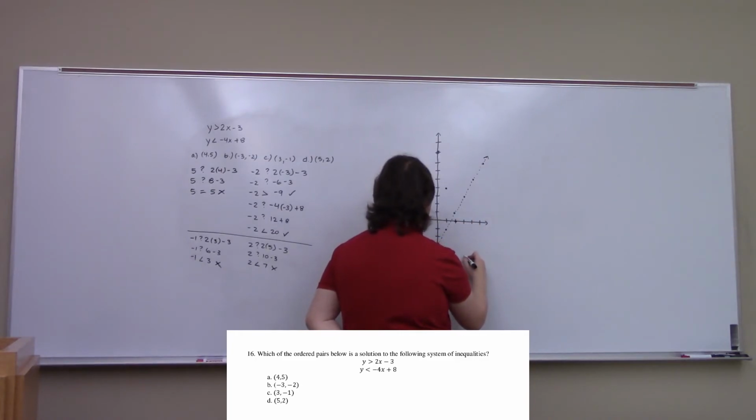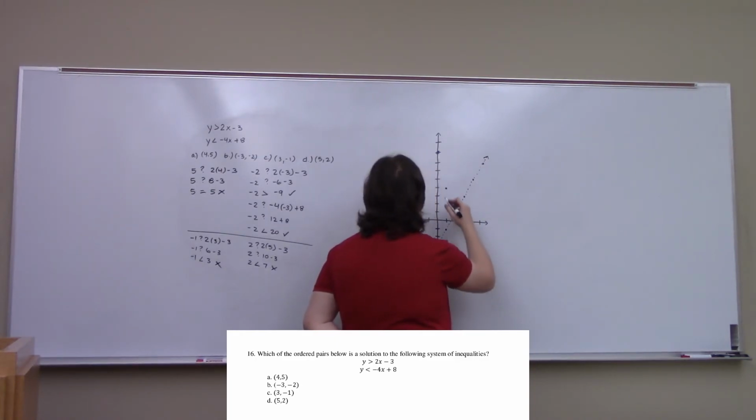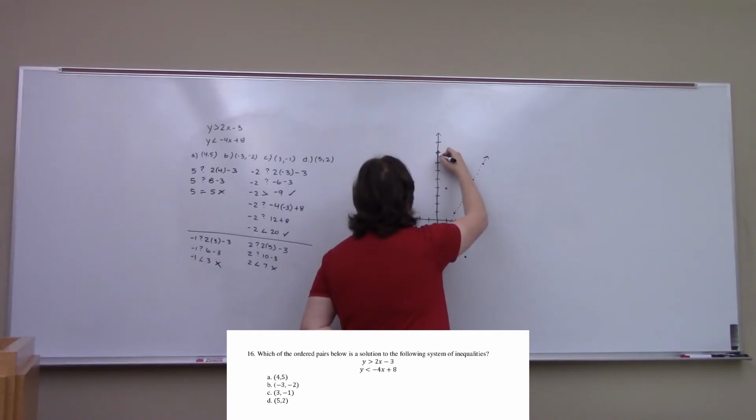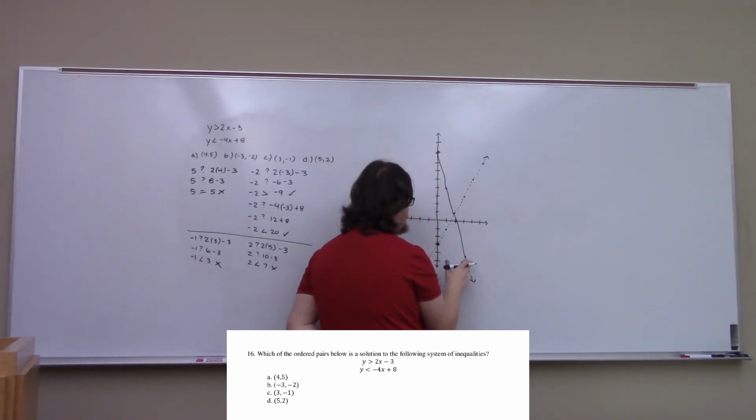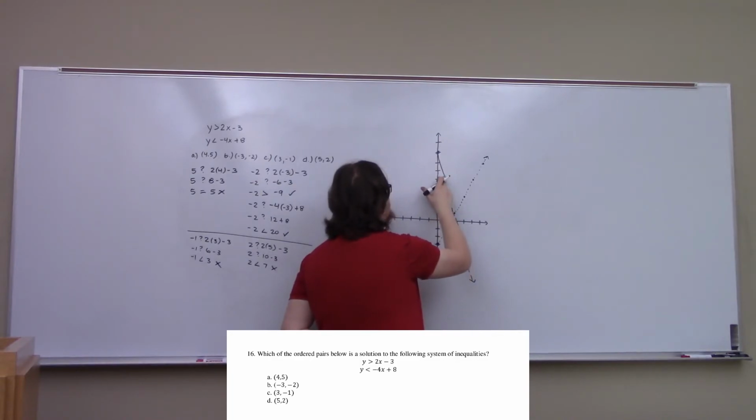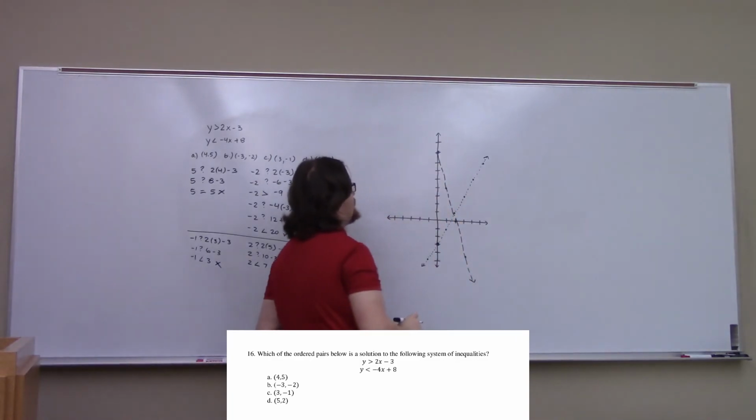And again, this is just a rough sketch, so it's not going to be exactly right. And since this is an inequality, this is a dotted line. I'm just going to mark it out so you can see it's a dotted line.